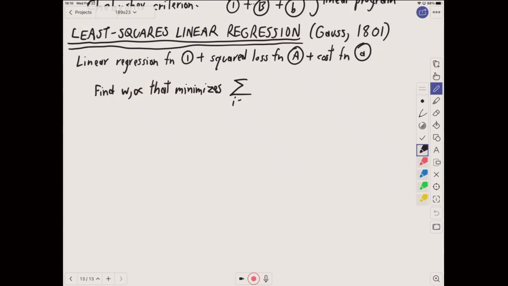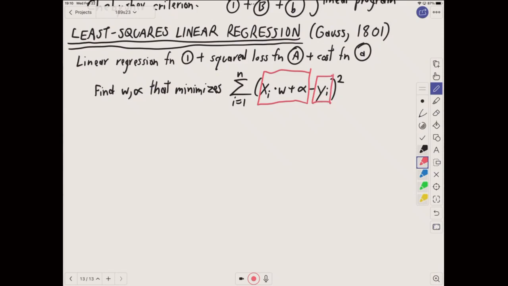I'm leaving out the 1 over n here because as I told you, we don't need it. The difference between, this is the prediction, x_i dot w plus alpha, made by our regression coefficients, and this is the actual label.